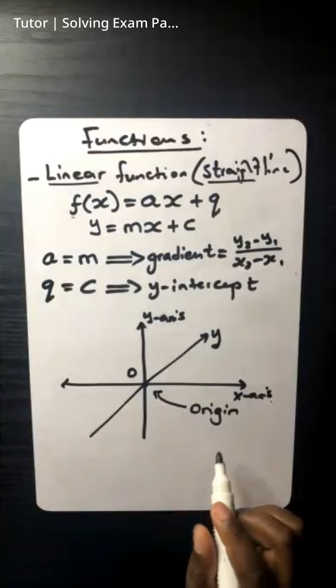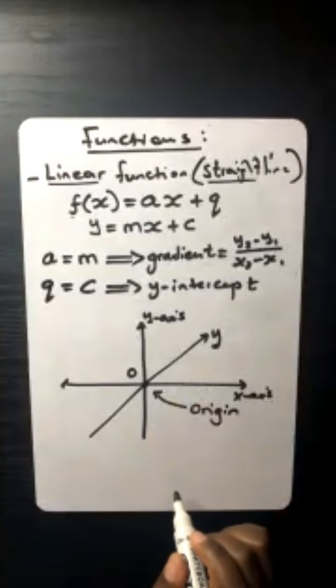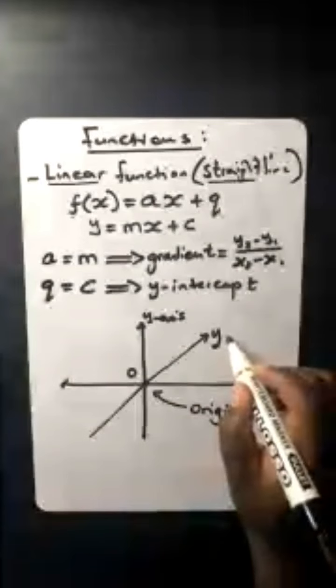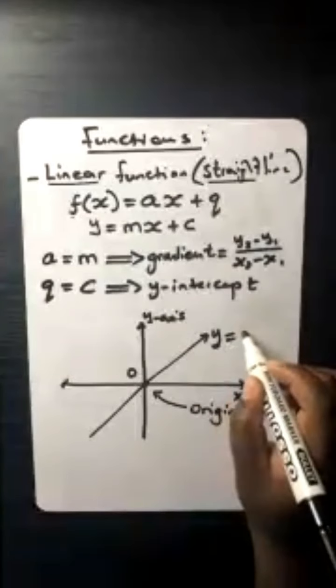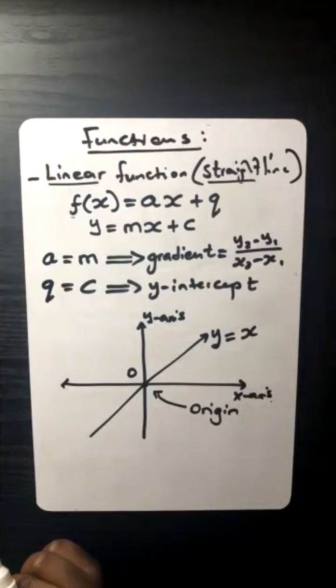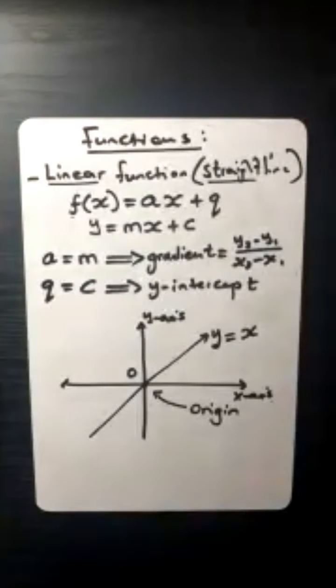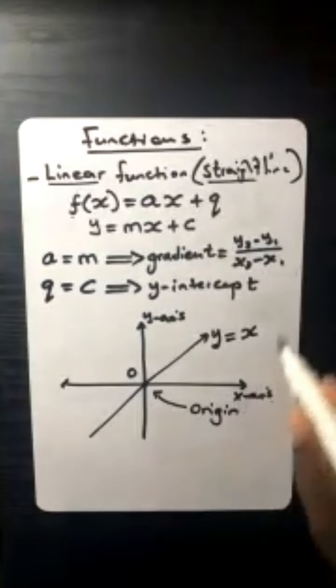So for every straight line that passes through the origin, we know that this is the graph of y equals x. Let me not put it in the form of a question, but I'll just explain.